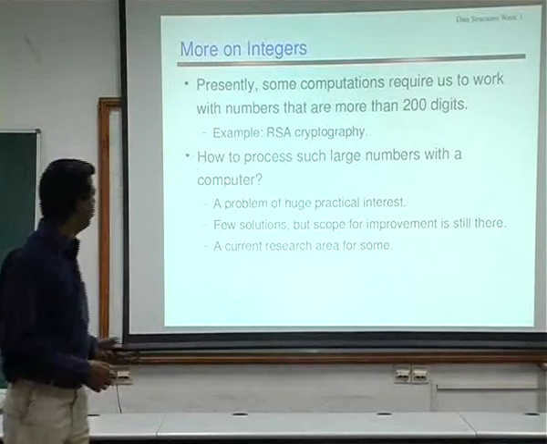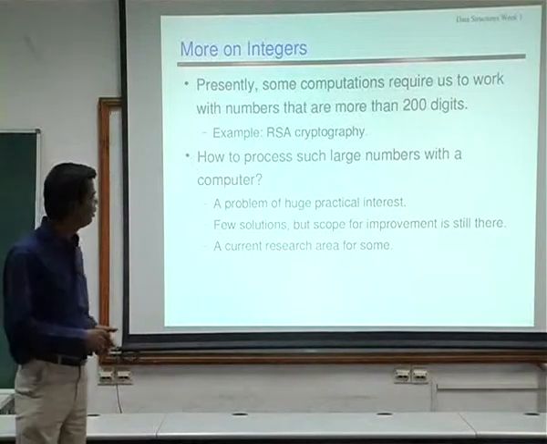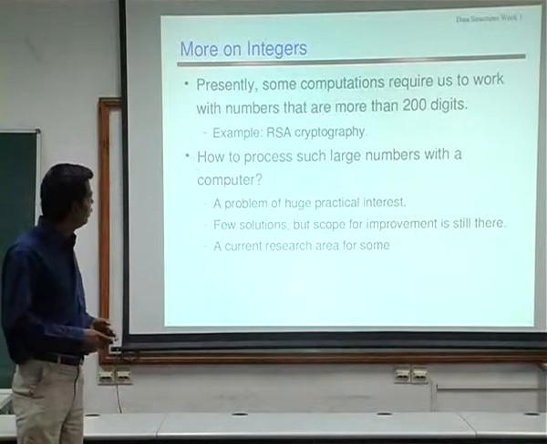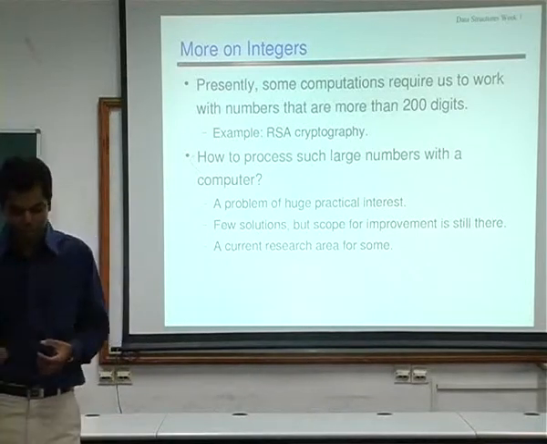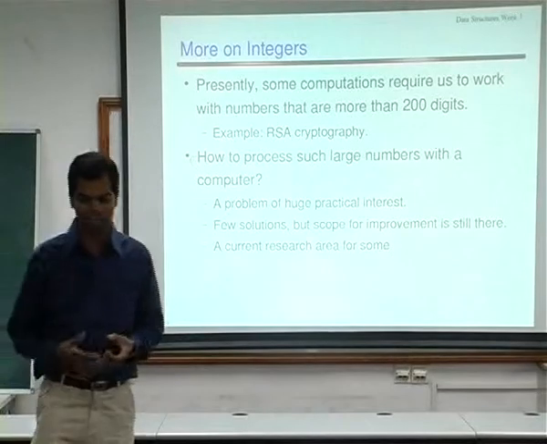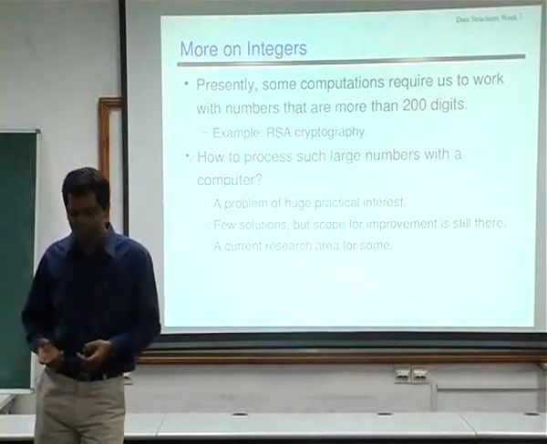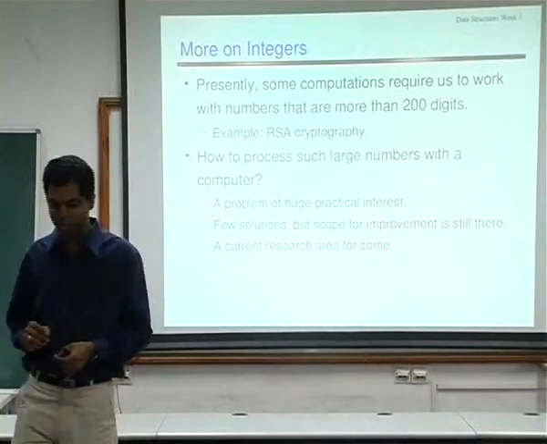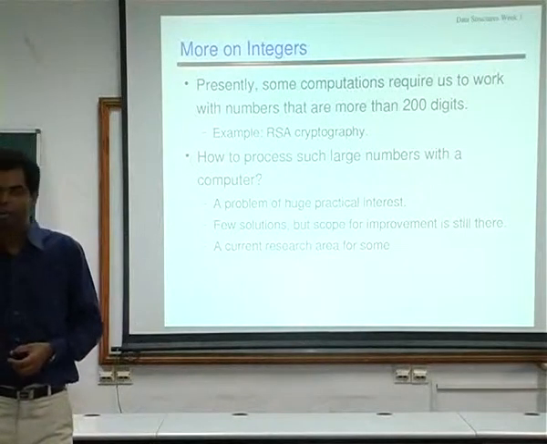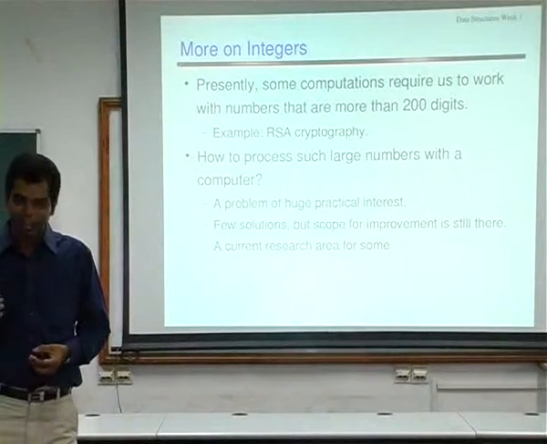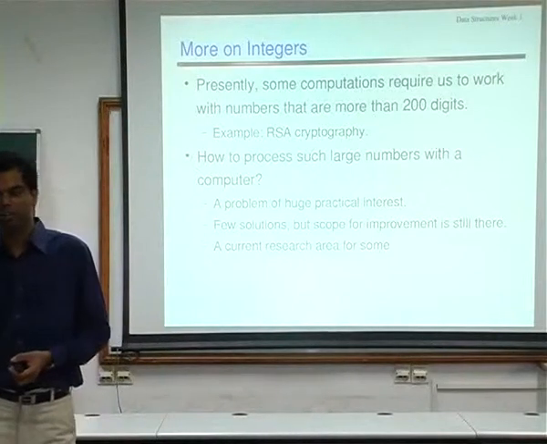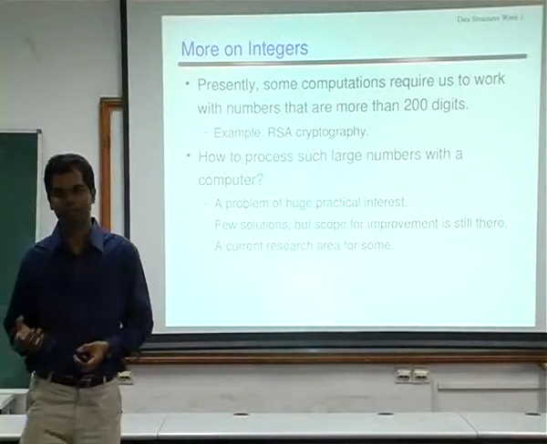Okay, so I want to also motivate you further. You may think of, well, what is the big deal? We're just dealing with numbers, and there are computers that can actually crunch numbers very quickly. But you should also notice that these days, there are applications which require us to work with very large numbers, say of the order of hundreds of digits, say 200 digits or more, right?